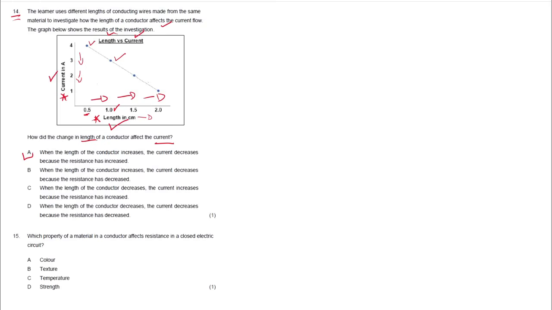So the first option says that when the length of the conductor increases, the current decreases because the resistance has increased. So when the length increases, the current decreases. And that's what we identified.